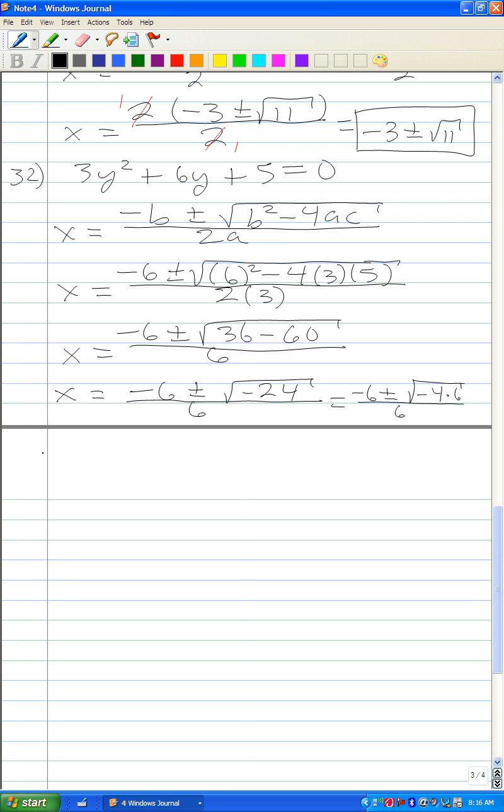And so I have that x is equal to negative 6 plus or minus the square root of negative 4 is 2i rad 6 over 6.